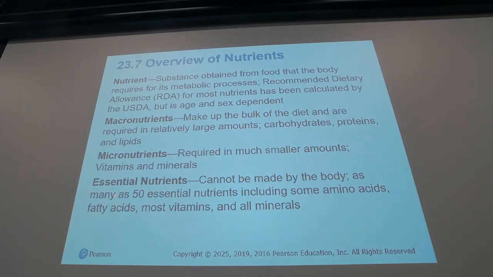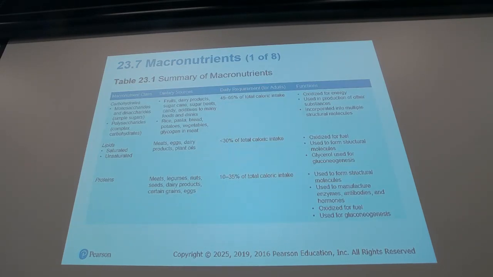Now, essential nutrients will be as many as 50 nutrient types that are not produced by our body, and that includes many vitamins, minerals. So we're going to talk about this quickly. I'm not going to spend so much time, but for adults, carbohydrates have to make between 45 to 65% of the total caloric intake, while lipids less than 30%, and proteins 10 to 35%.